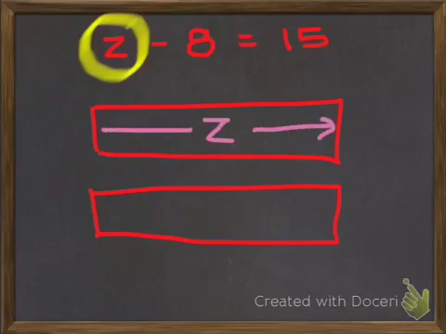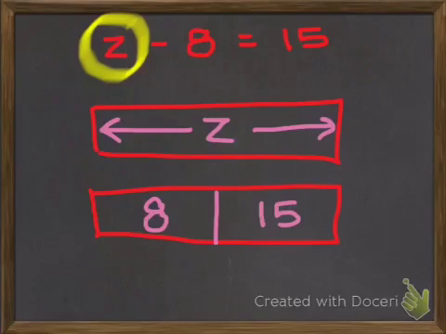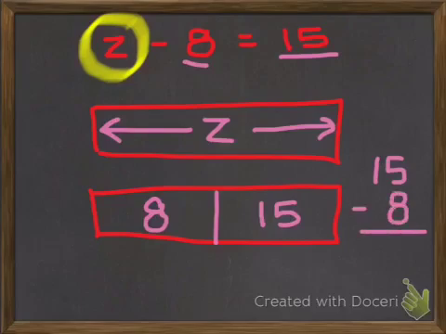Now, the parts that make up all those marbles are the 8 that Mrs. Ashley lost and the 15 that she had left over at the end. So 8 and 15 are our parts. As you can see here, we know the two parts, we just don't know the whole. When the whole is missing, we simply add the parts. We can add 15 plus 8 and we get 23.